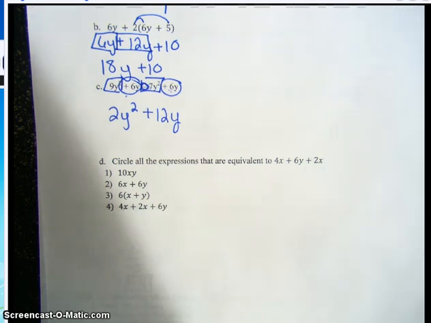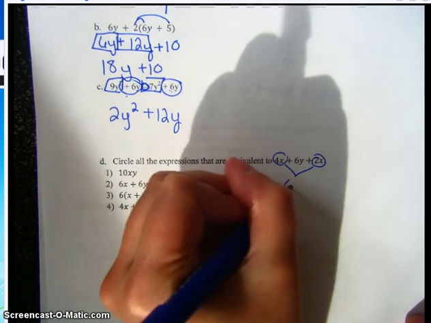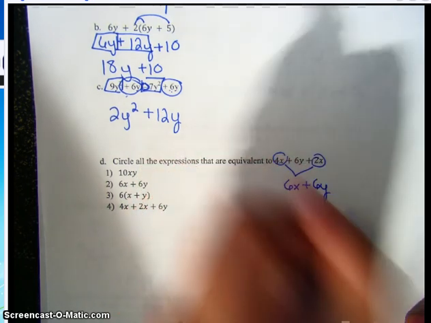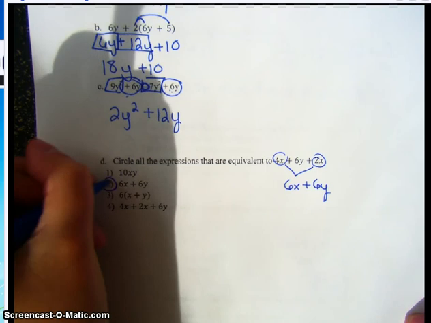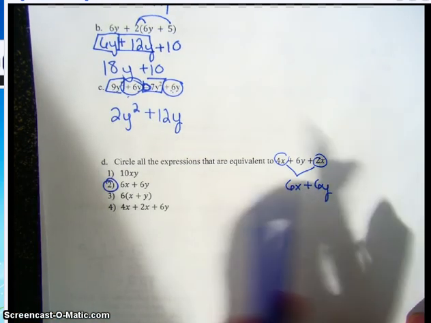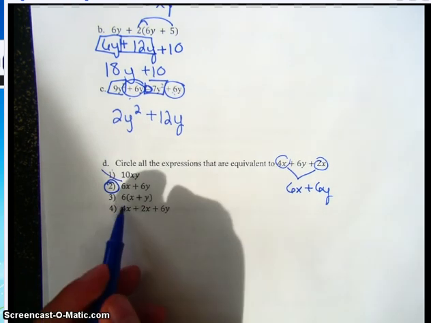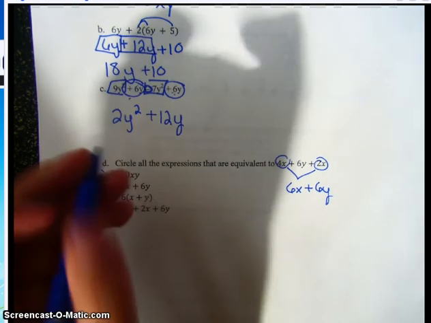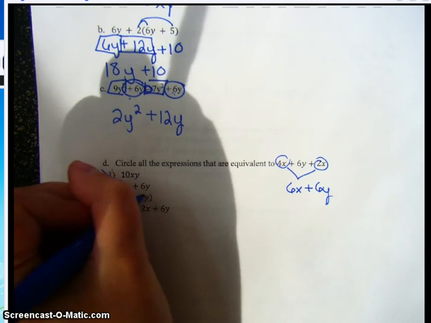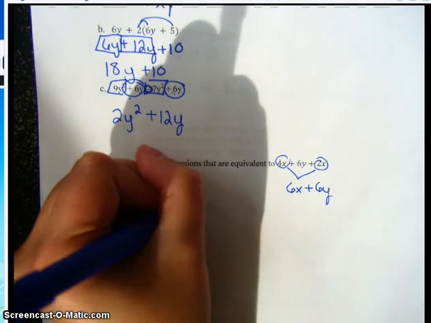Okay, well, if I went ahead and simplified that, these are like terms here, so I'd have 6x plus 6y. Actually, that's on there, so I'm going to go ahead and circle that. These are not like terms, so I can't combine them. So 10x is definitely not it. However, if I distribute this one, it would be, okay, ninja 1 in front of the x, ninja 1 in front of the y. 6 times 1 is 6x, 6 times 1 is 6y.